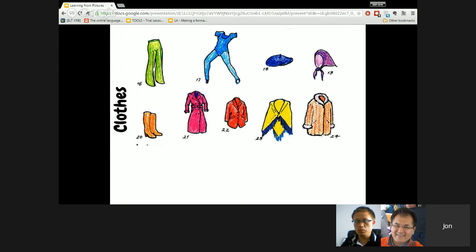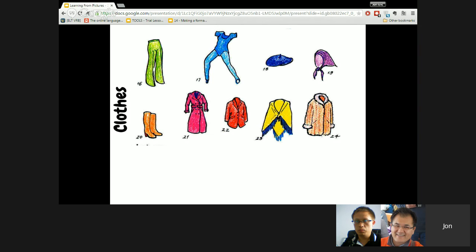Very good. 21 is a trench coat. 20 is boots. Good. 19 is a headscarf. 18 is a hat, specifically the French hat. I see. I know, but what's it called?